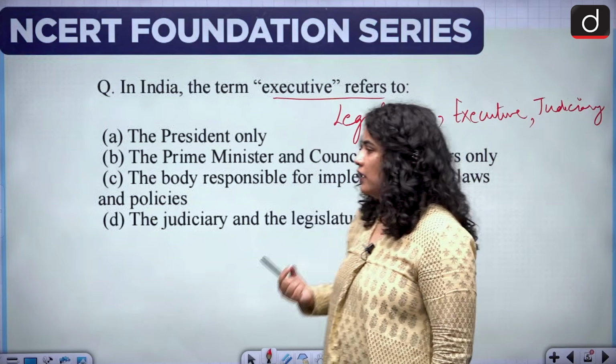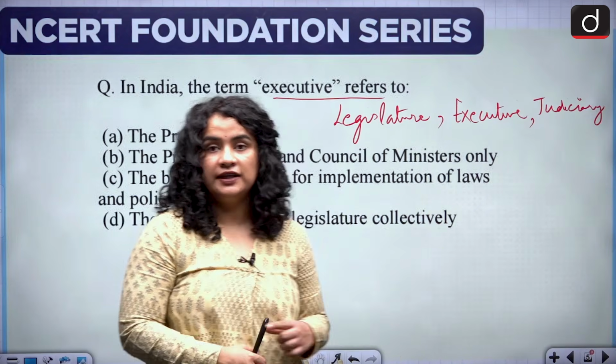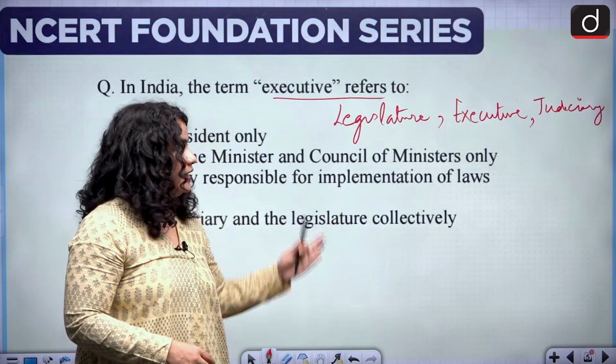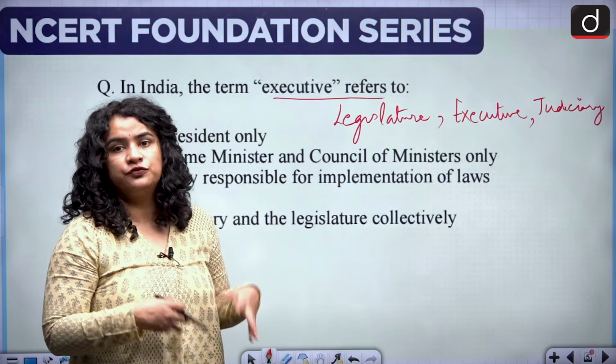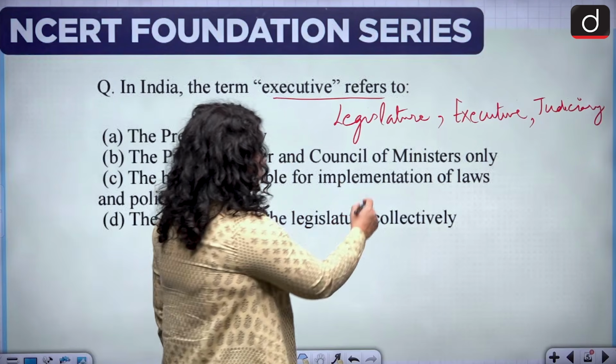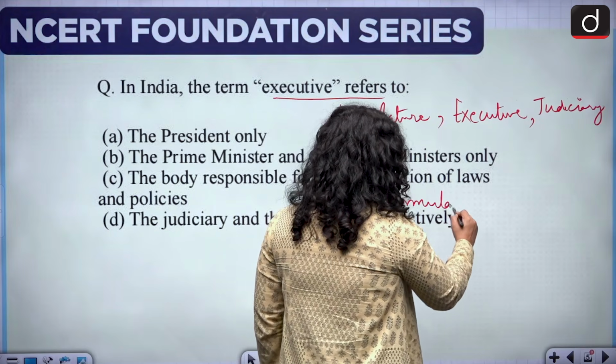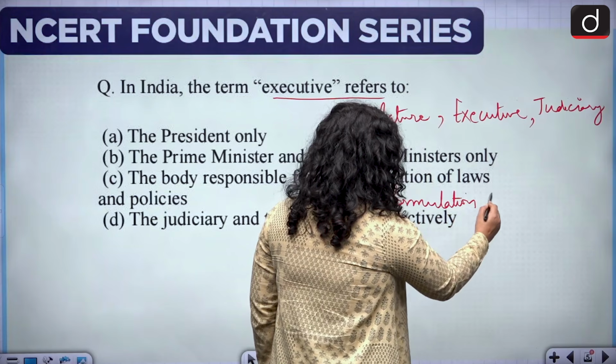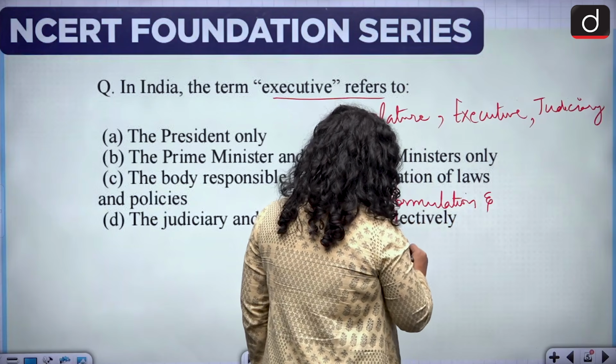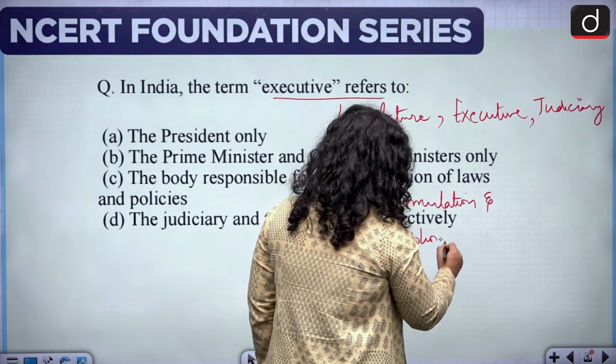Now in very simple terms, what is the function of the legislature? It is to formulate laws, to frame laws and policies. Formulation and adoption of laws is the function of our legislature.